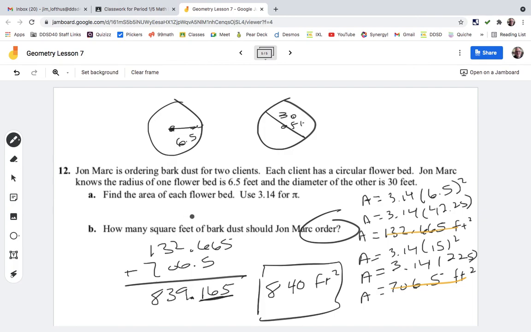So you might have to convert that to some other unit, but for this purpose, we'll use 840 square feet. All right, because this is the technical answer right here, and this is the real life answer right there. Okay, so double check that. All right, and that is a recap for Monday, June 14th.